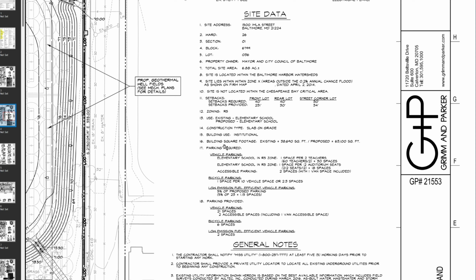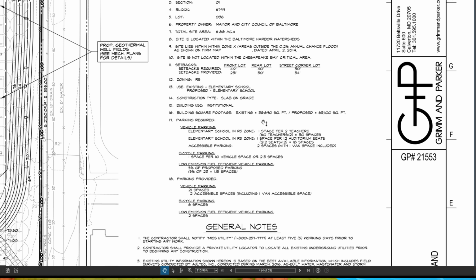That's the foundation type. And then the building use, institutional. Now here it lists out the building square footage, going from 38,690 to 63,100 square feet. That's the vehicle parking information, bicycle parking for fuel efficient cars.